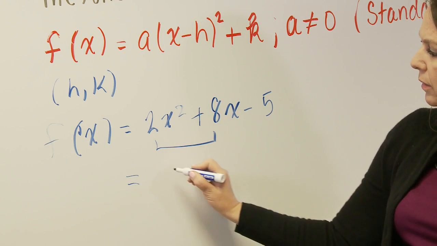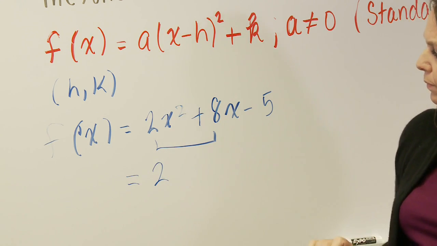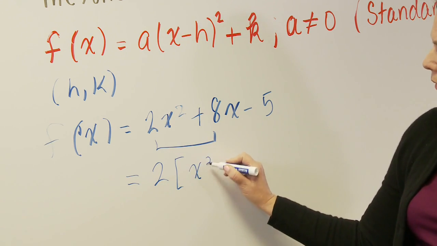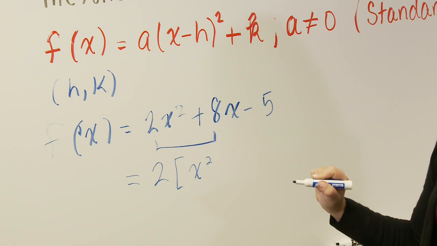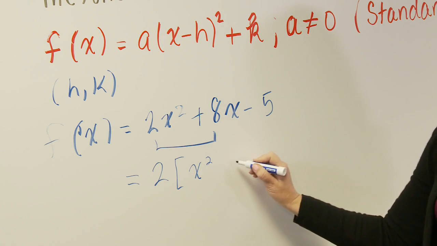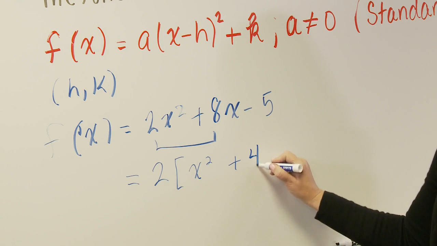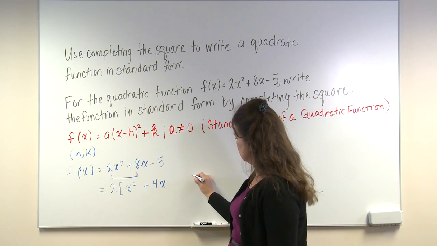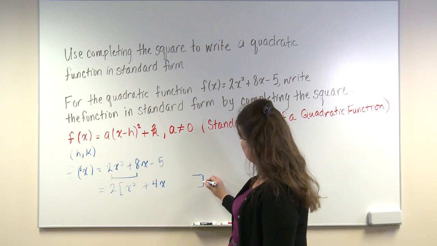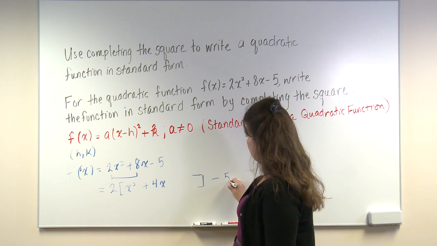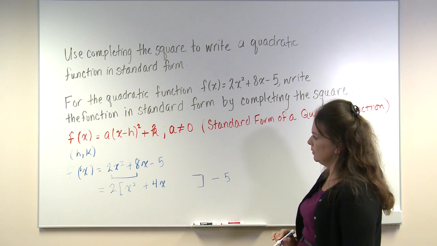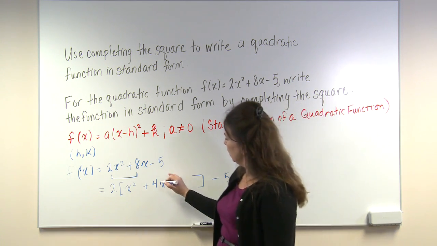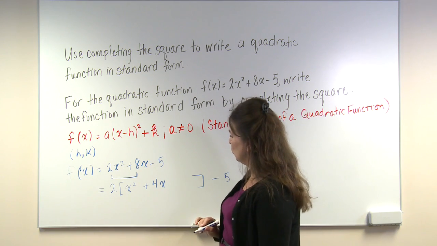If I do that, then I have 2 times the quantity x squared, and 2 times what gives me 8x? That's 2 times 4x. I'm going to deliberately leave some space here, and this minus 5, I'm going to bring down outside the brackets. What I want to do in the square brackets is complete the square.